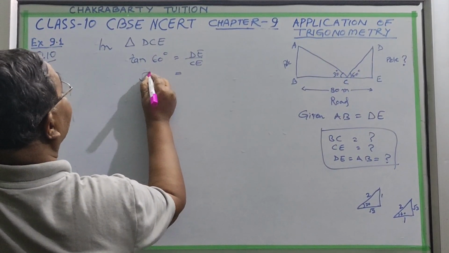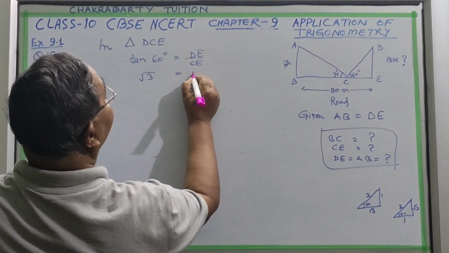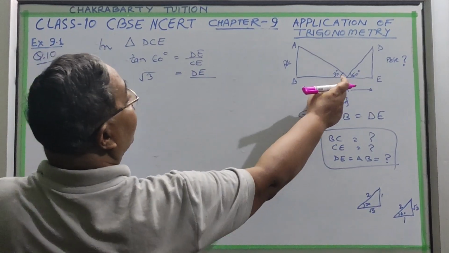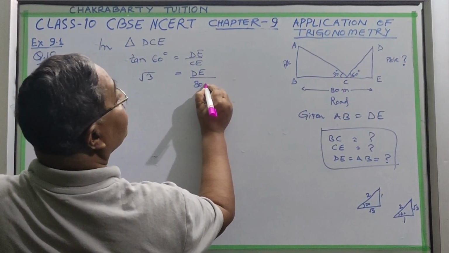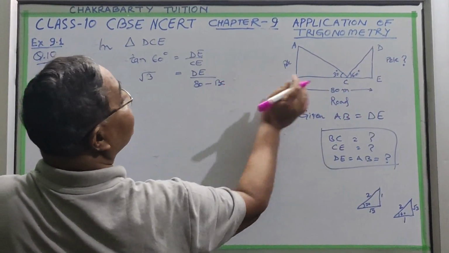Tan 60 is under root 3, and CD you have to find out. And CE, how much will it be? It will be 80 meters minus BC, then CE will remain.